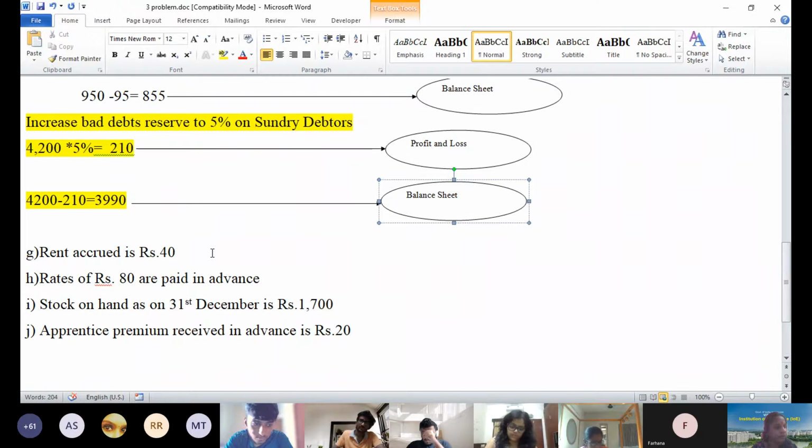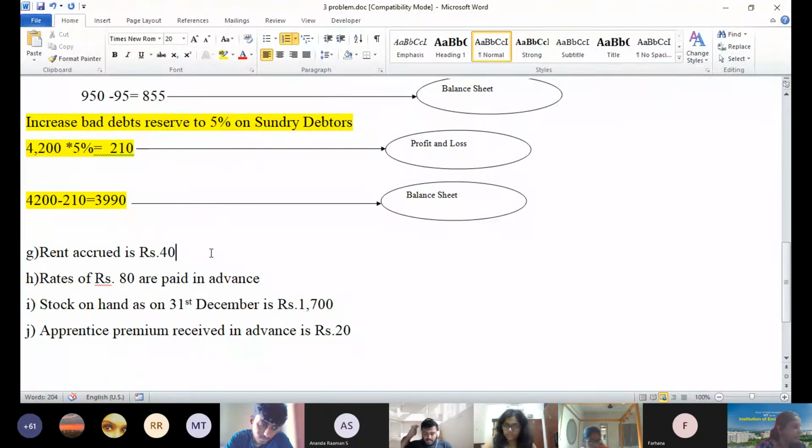Now rent accrued. What is rent accrued? What I told you, what is the meaning of rent accrued? Which belongs to that financial period. So what do we do with rent? Add on. Add on or what is accrued means what? Add on. Okay. What is the other name for accrued here in accounting aspect?